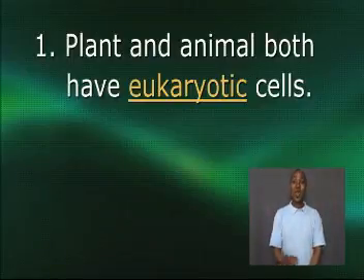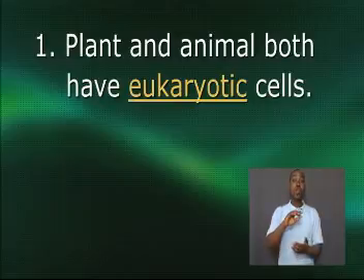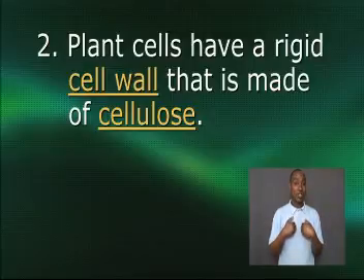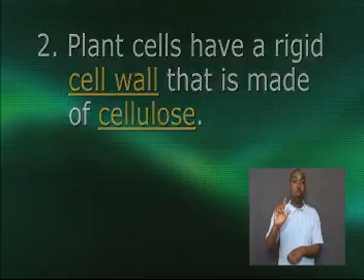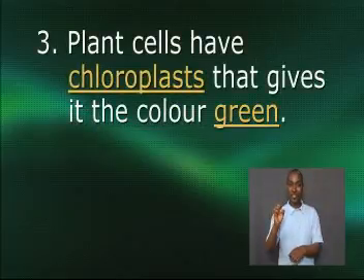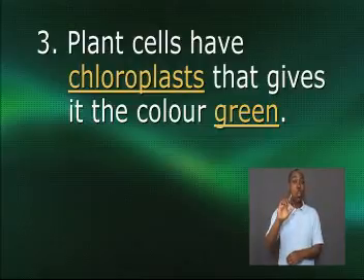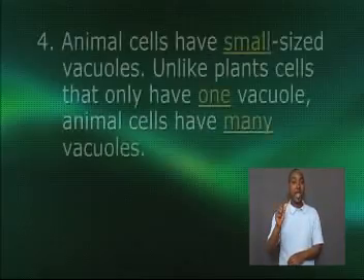Plants and animals both have eukaryotic cells. Plant cells have a rigid cell wall that is made of cellulose. Plant cells have chloroplasts that give it the color green.